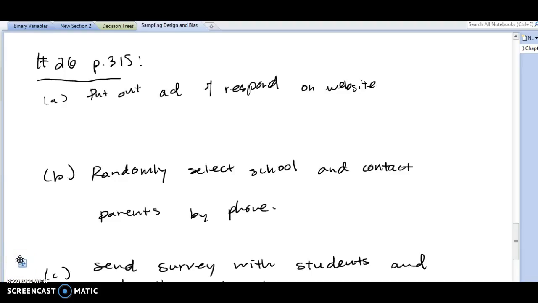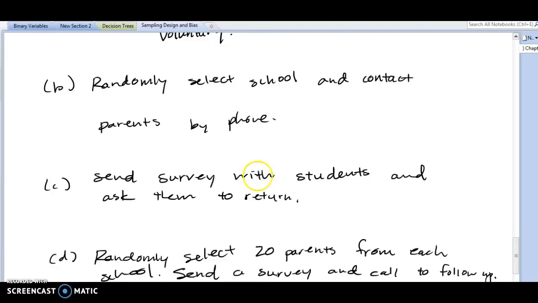I was kind of running up against the wall in time, so I wrote these down. The first one is put out an ad and respond on a website. So this is voluntary response. And it's going to be biased towards those that see the ad, those that actually have internet, and those that are compelled to respond, as we saw before.